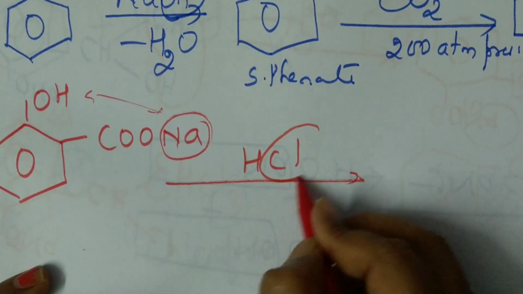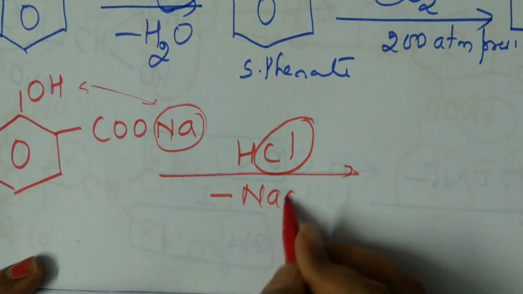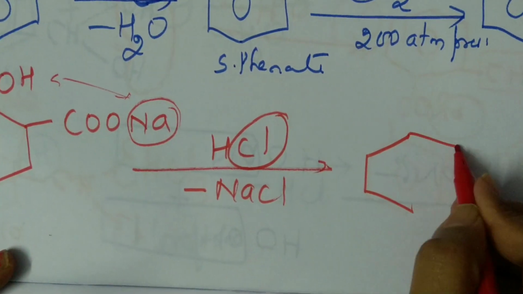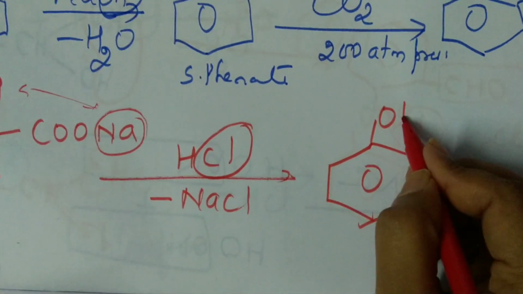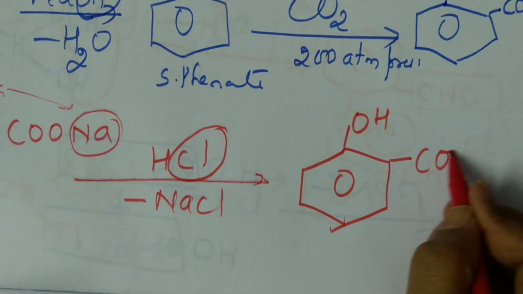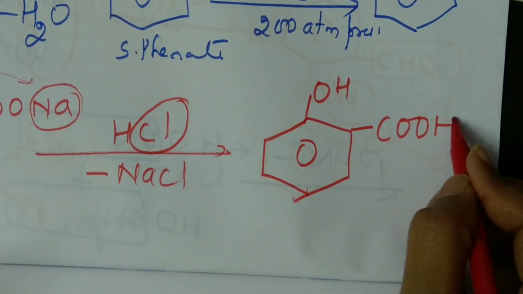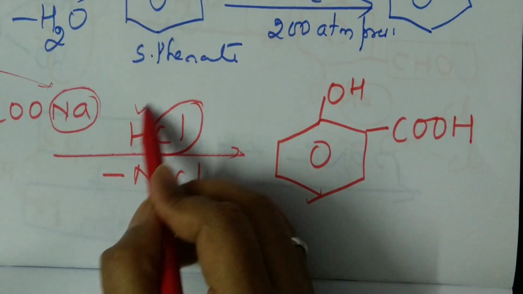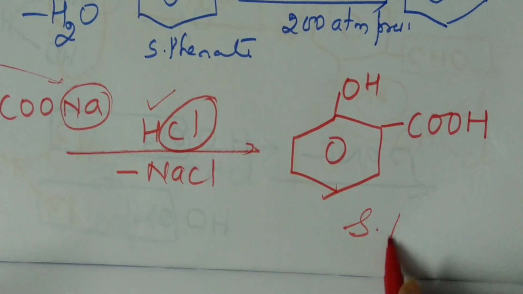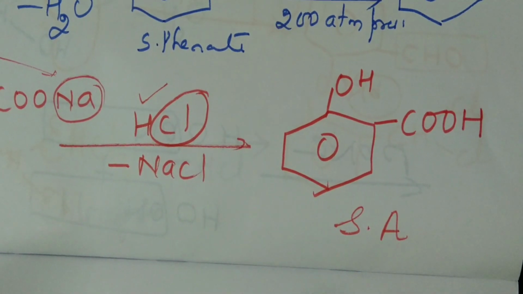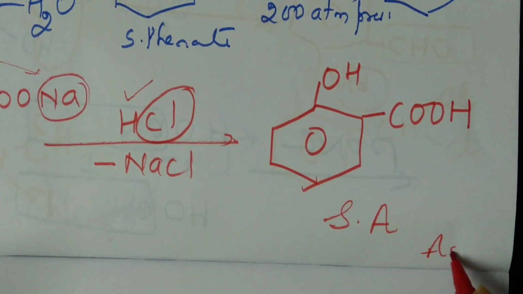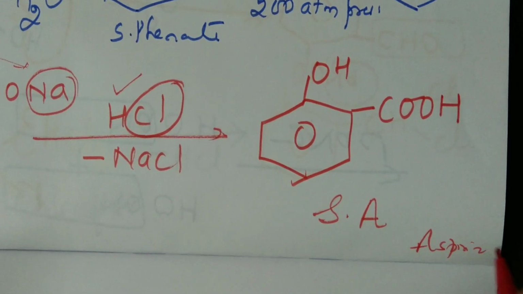Na will go with Cl in the form of NaCl. So we end up with C double bond O and OH, which comes from HCl. This is salicylic acid, which is also used in preparation of aspirin tablets.